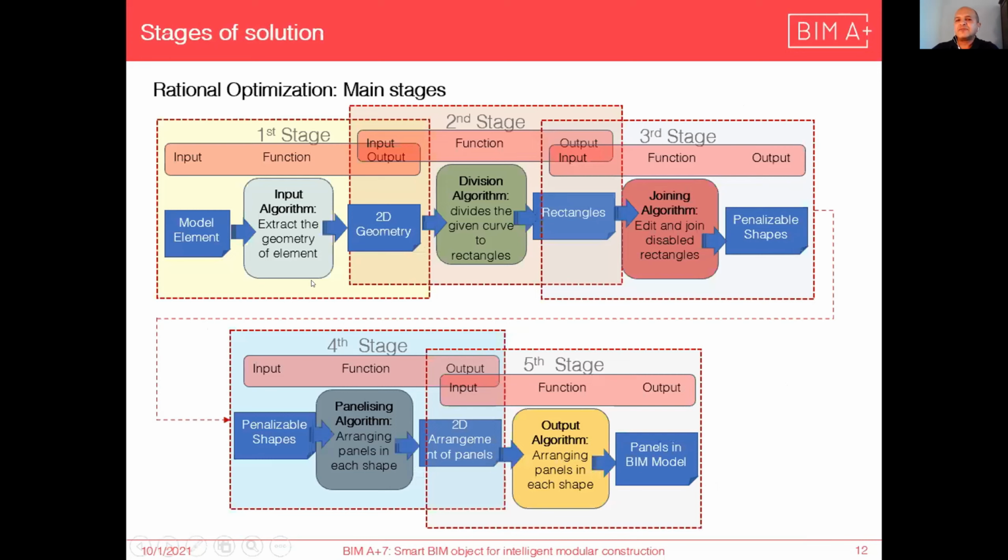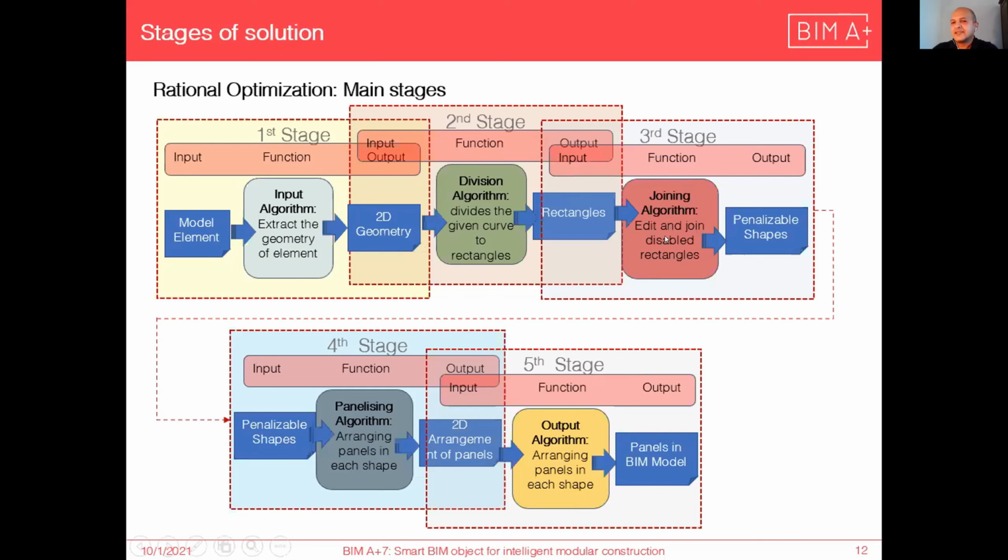Rational optimization has 5 stages. The first and the last are about the input and output, which I skip, but the main stages are 3. First, the division algorithm, which starts to divide the boundary into some rectangles.